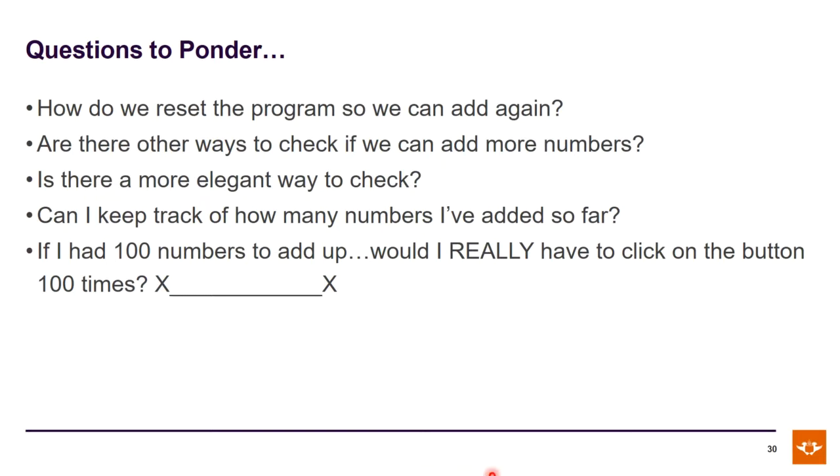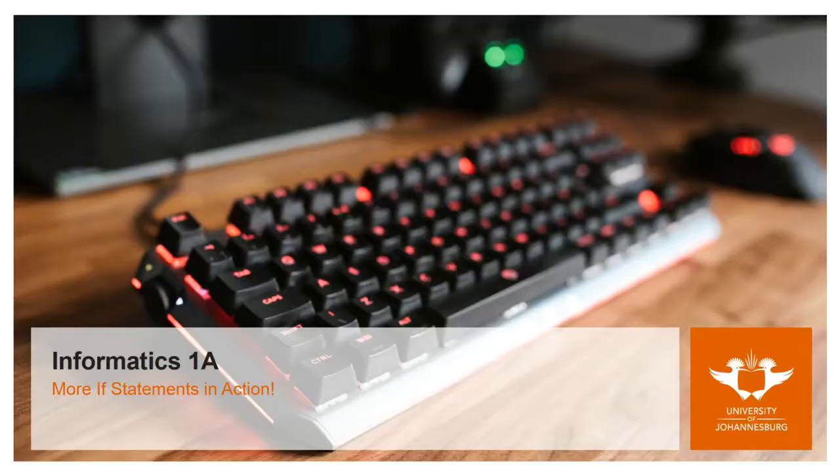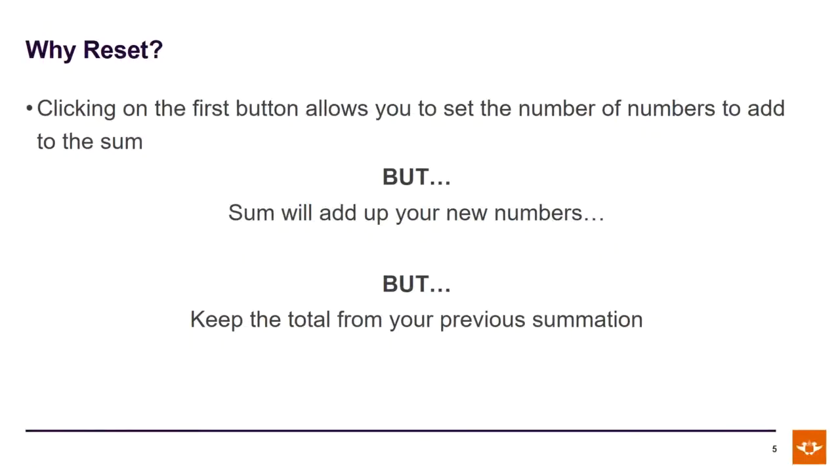But let's quickly give you a recap, or a teaser, of what to expect. Okay, let's do that quick. Right, so this was more answering this question, how to reset.